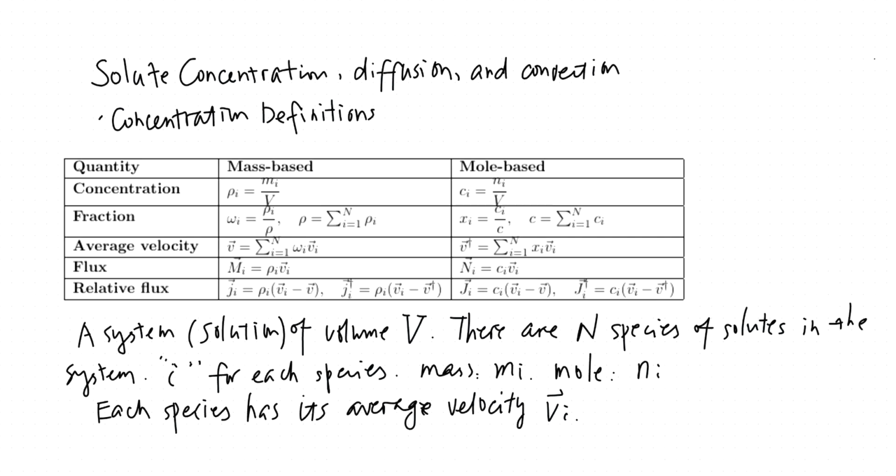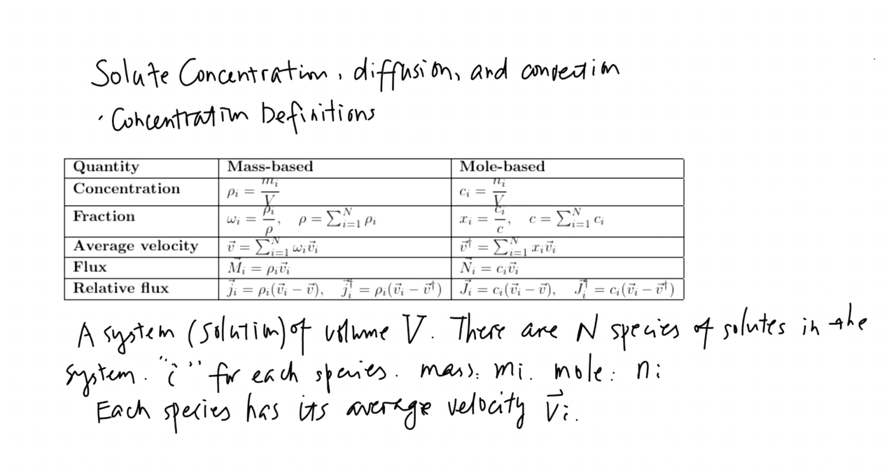And similarly, we can define everything in terms of mole. So now we have a concentration, which we call Ci. Recall in an earlier lecture when we talked about molar concentration, or when we calculated osmolarity, we used this symbol C. In that case, we used molar concentration like millimolar.